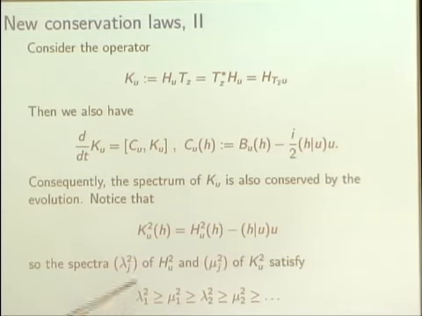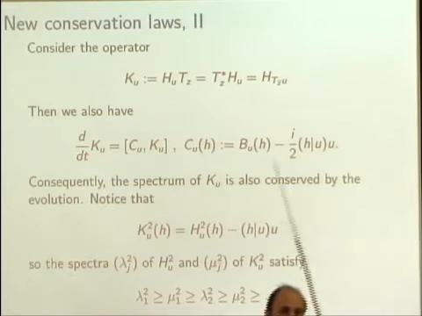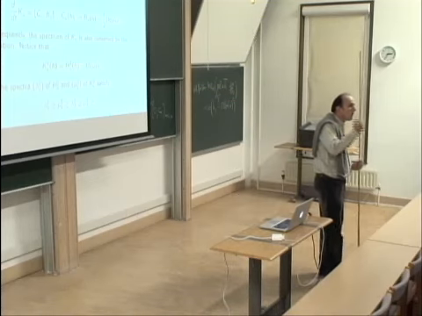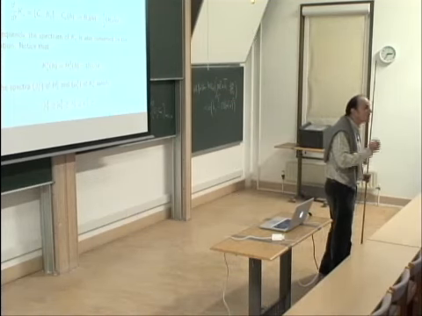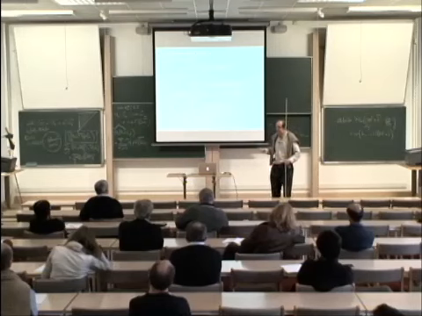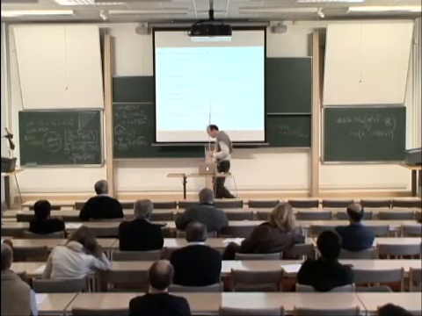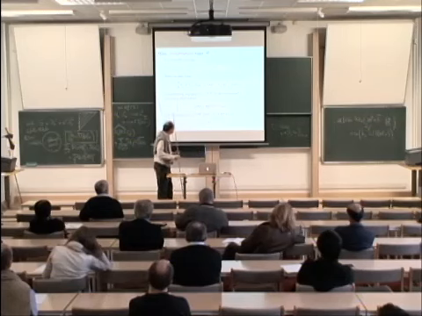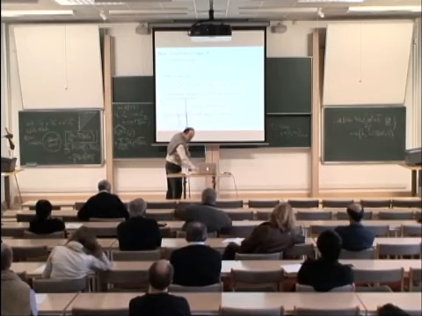So the first eigenvalue of HU square is larger than the first eigenvalue of Ku square, larger than the second of HU square, etc. So they are interlaced. Now, the nice thing is that these properties will help you to solve our equation explicitly, so with formulae, as was done, in fact, for KdV, but in some sense in a much easier manner.